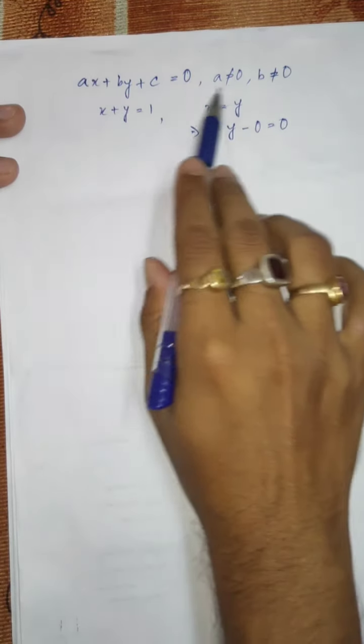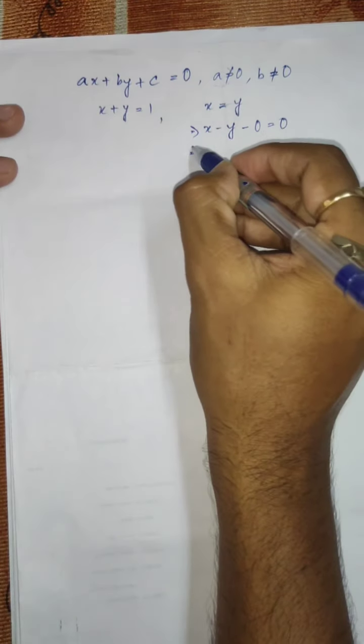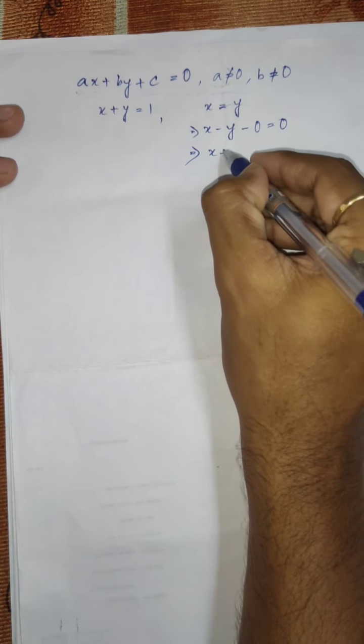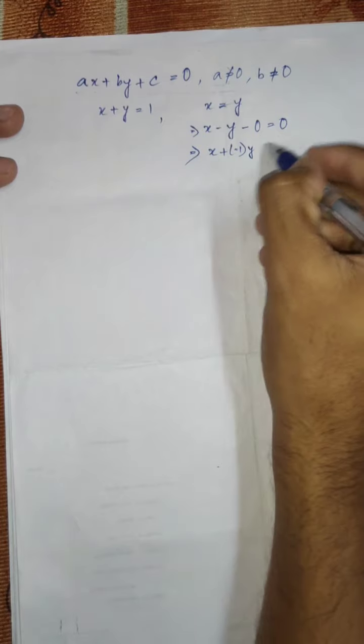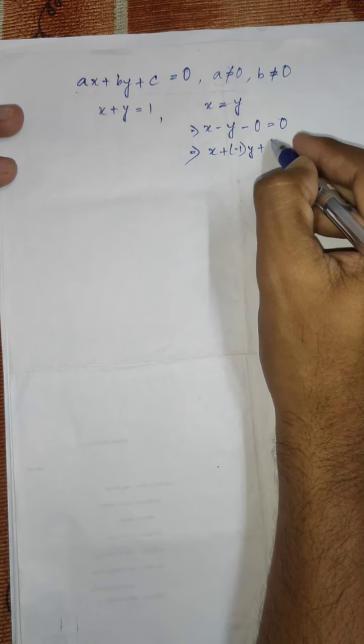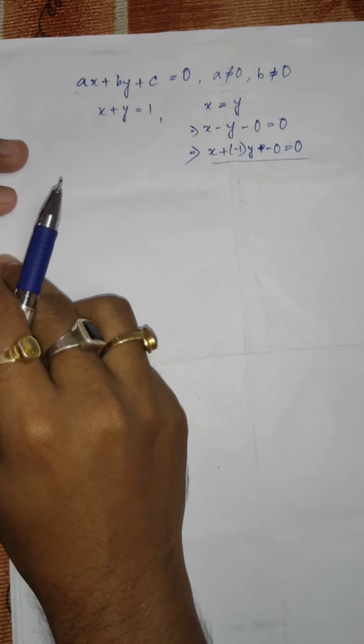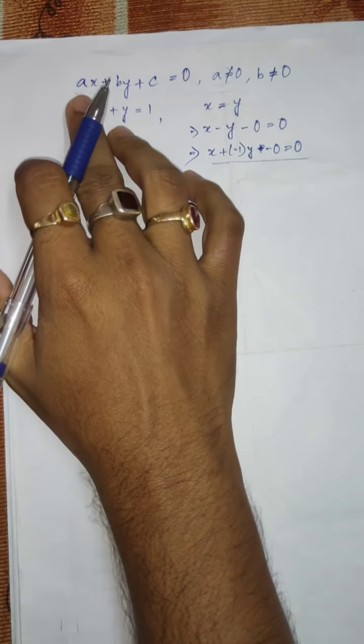See, I have written it in the form of a, b, c, in the standard form. So if I write x plus minus 1 into y plus minus 0 equal to 0, this way we can represent any equation, and by comparing, we can find the values of a, b, c.